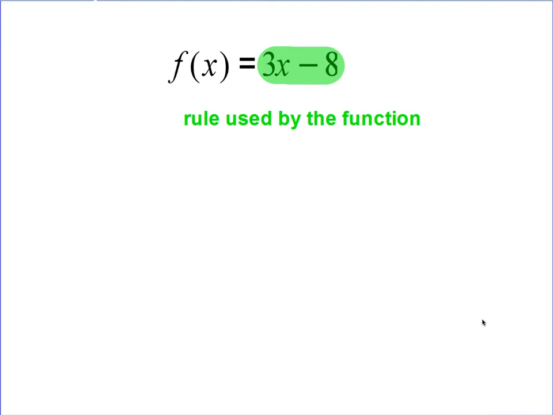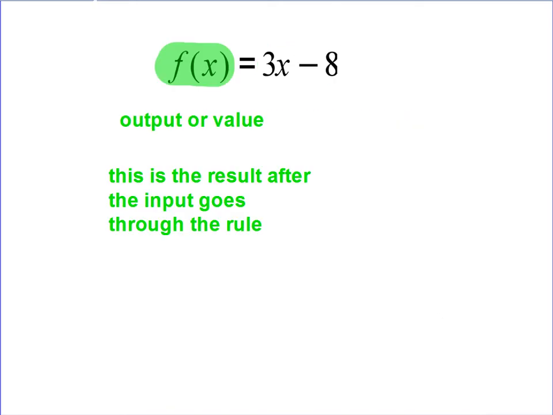So the function f uses 3x minus 8. Whatever we put into the function, whatever number is the input, gets run through that rule. So if I put 2 into this function, I would do 3 times 2 minus 8, because 3 times the input minus 8 is the rule for this function.